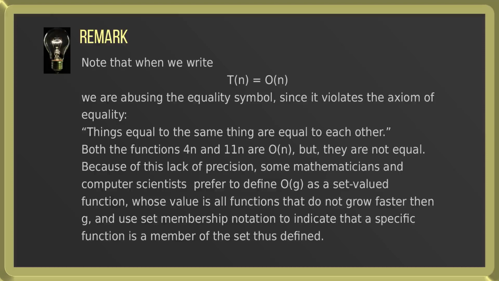Because of this lack of precision, some mathematicians and computer scientists prefer to define big O of g as a set-valued function, whose value is all functions that do not grow faster than g, and use set membership notation to indicate that a specific function is a member of the set thus defined.